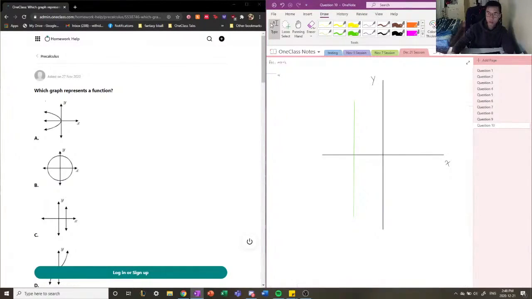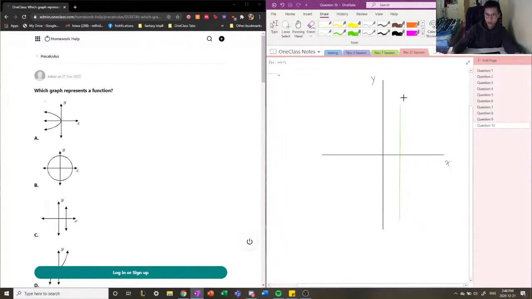So if we were to have a circle, for example, let's put the circle here, and we were to cut our vertical line through it, we'd see here that our vertical line intercepts the graph at 2 points again. So this is not a legitimate function. This graph is not a function, right? Because one value of x in the domain maps to 2 values of y. So this is also not a function.